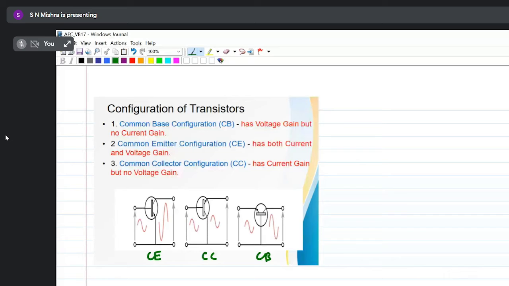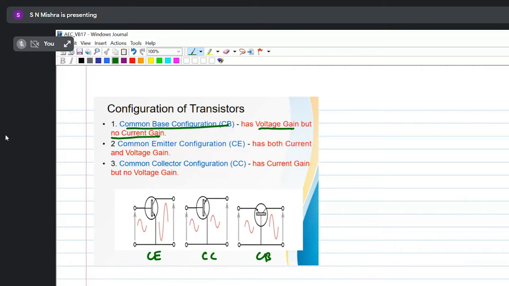Generally, in further classes we'll understand. If you consider common base configuration, it will give you voltage gain, but it will not give any current gain. That means if I give a voltage signal as input, it will be amplified, but if I give a current signal, it will not amplify.